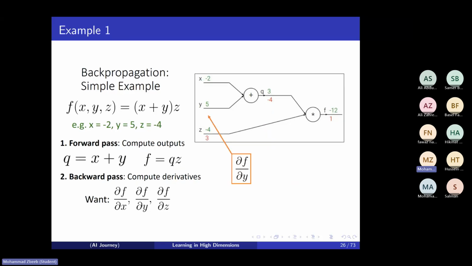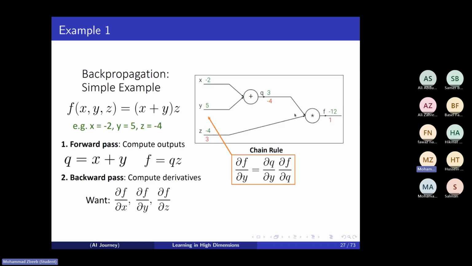And now I need to get df by dy and df by dx. For df by dy, I look at the direct output, which is q. q is x plus y. This is the q right here. But I must not forget, and here is where things get interesting, that q itself influences f. So y will influence q, and q will influence f.